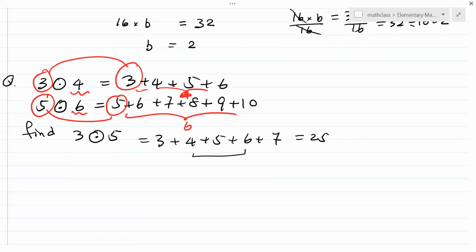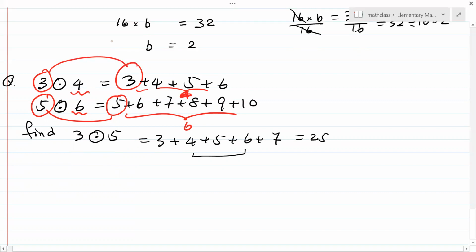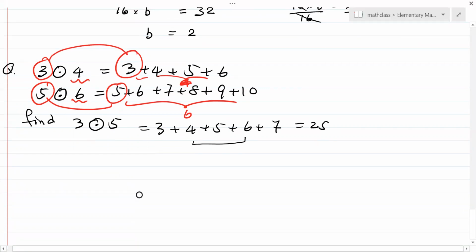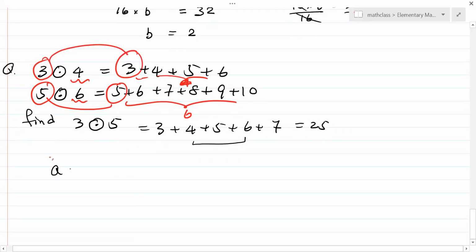Here this is actually trying to figure out the pattern. Maybe you can figure out the formula for this. Can you figure out a formula for this? Yeah, the formula is like A circle B begins with A, right?